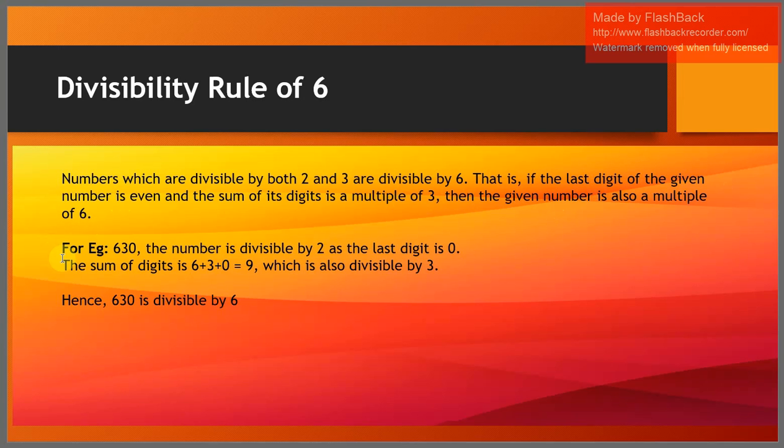For example, 630. The number is divisible by 2 as the last digit is 0. The sum of digits 6 plus 3 plus 0 is equal to 9, which is also divisible by 3. Hence, 630 is divisible by 6.